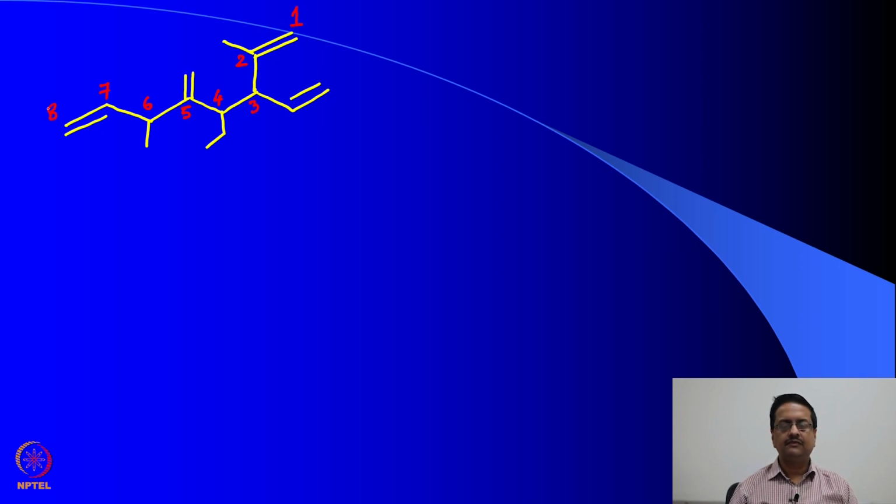So, you find that this molecule has 8 carbon atoms in the main chain from 1 to 8, and there are 2 double bonds. So, by nature this is a diene. So, the last part of it would be diene. Then we need to find out what the various substitutions present are. What we see here, we have methyl groups at 2 and 6 positions.